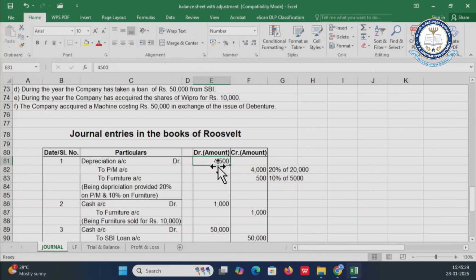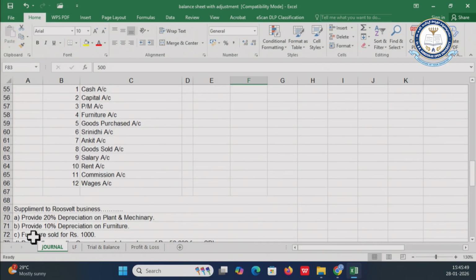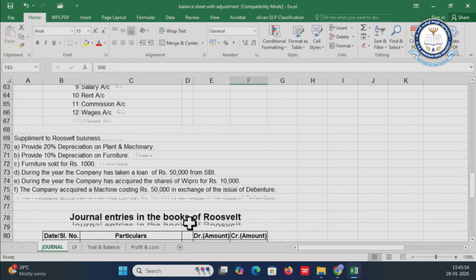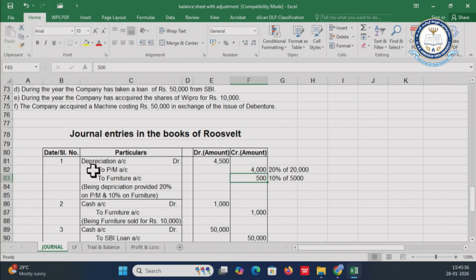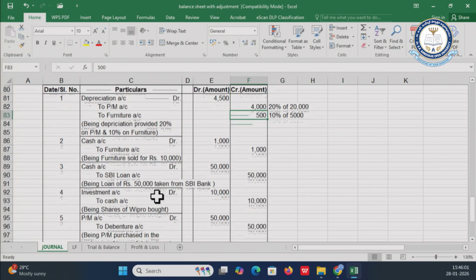First you leave it blank, take the amounts from here, make a total of that, and the total you have to drop here. Depreciation account now debited 4,500, to plant and machinery 4,000, to furniture 500. So this is the first item here: provide 20% depreciation. We have accounted for it properly by writing a journal entry here.